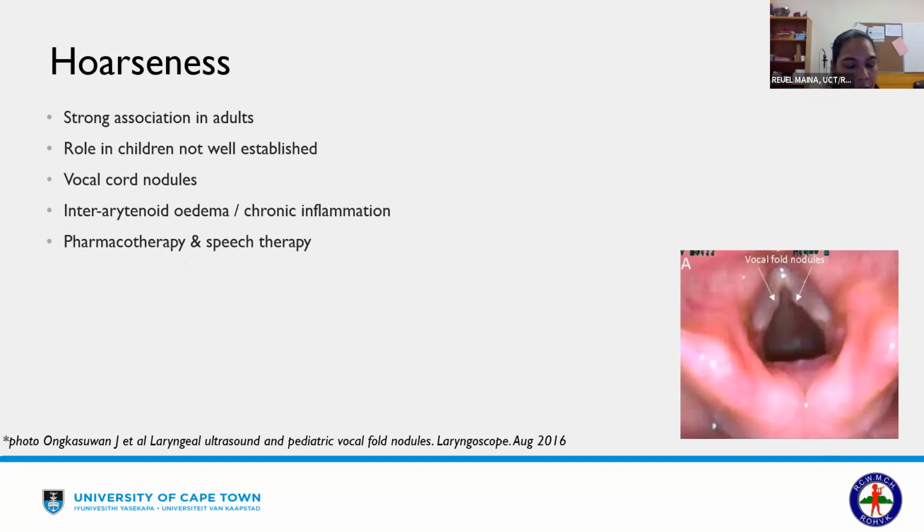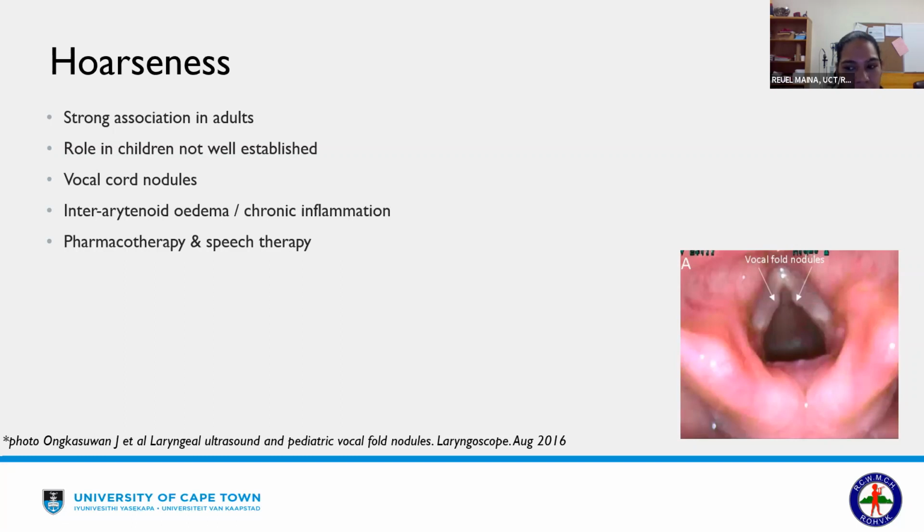Hoarseness is quite a common thing we see in the adult population, and there are multiple studies showing a strong association of hoarseness and LPR in adults, although the role in children is not very well established. Often these children that do have hoarseness with LPR have vocal cord nodules, and the reflux seems to worsen the interarytenoid edema and chronic inflammation, which worsens the dysphonia.